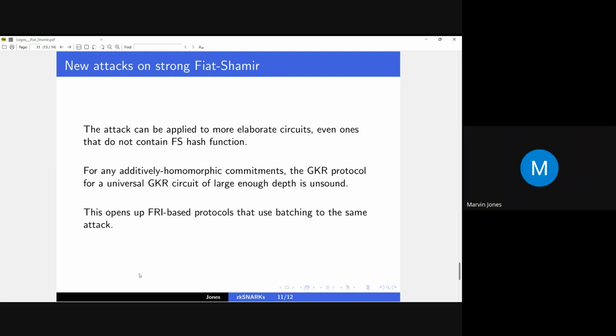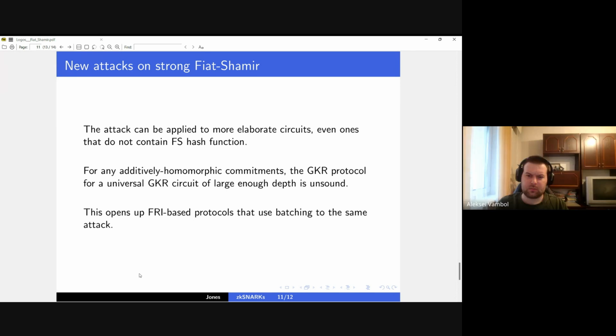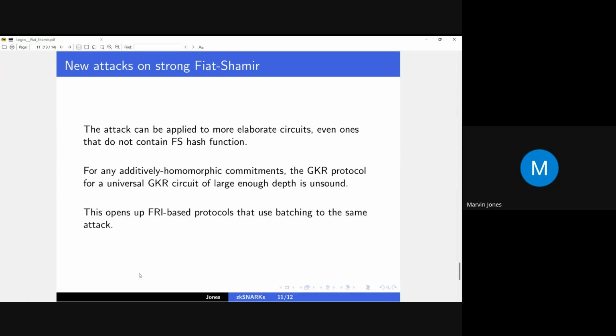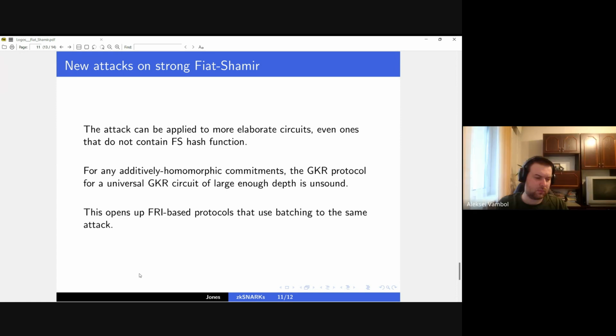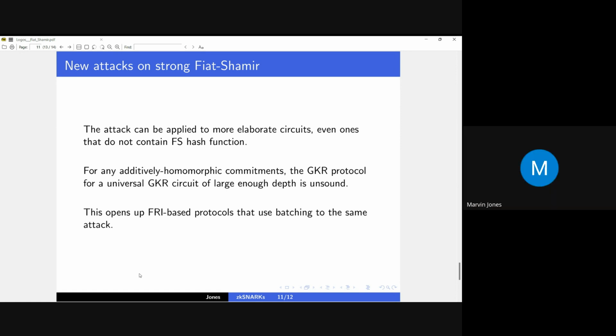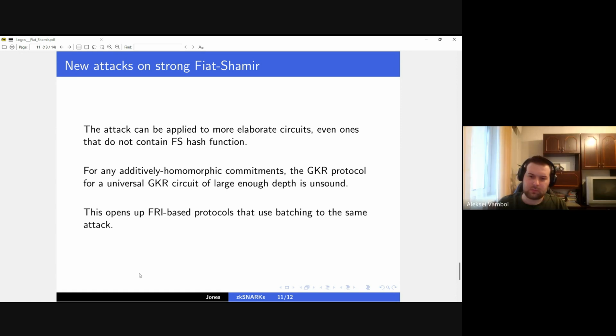But you also have to keep in mind there are some ZKVMs that use GKR, I believe, for the compression. And they also mentioned that FRI-based protocols that use batching could be open to the same attack. They kind of mentioned this offhand. I haven't thought about it too much yet, but that could be a problem.